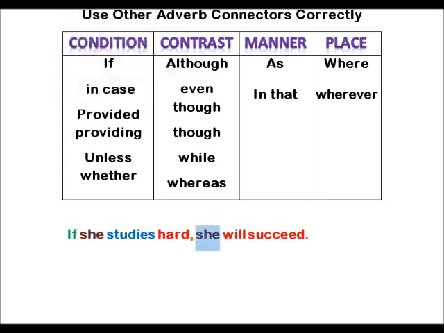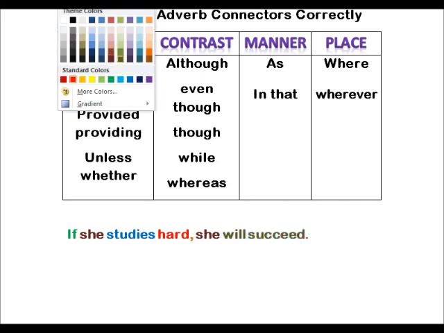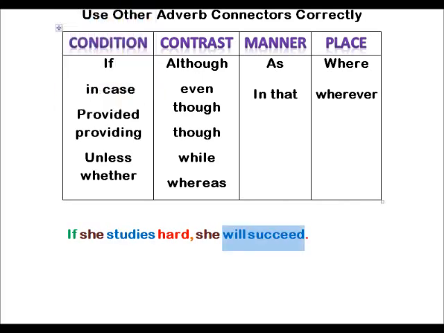So we've got a subject, and we've got a verb, which is will succeed. That's another verb. And let's give it the yellow color, the blue color. So let's have a look here. So we've got if, which is a connector. Then we've got subject, she, in the first clause, and we've got she in the second clause. And then we've got two verbs, studies and will succeed, in the second clause. So two subjects, two verbs, a connector, and a comma.